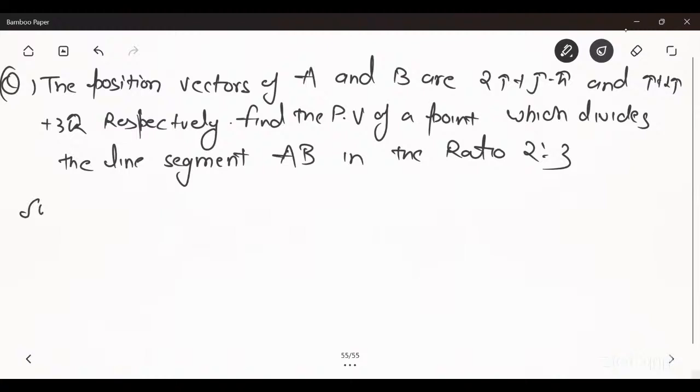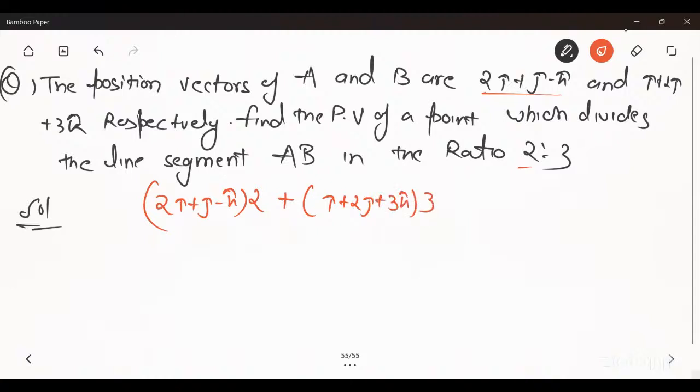Now the solution of this part will be simply (2i plus j minus k) times 2 plus (i plus 2j plus 3k) times 3, upon 2 plus 3.